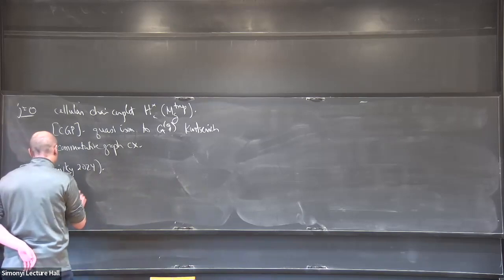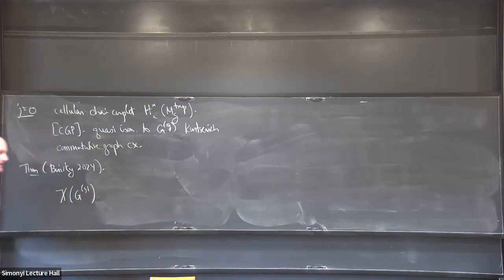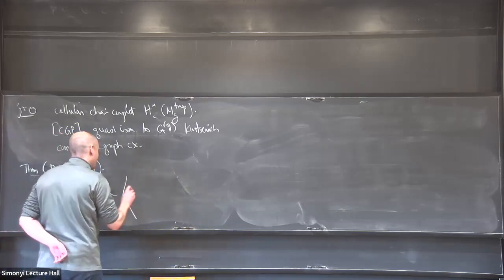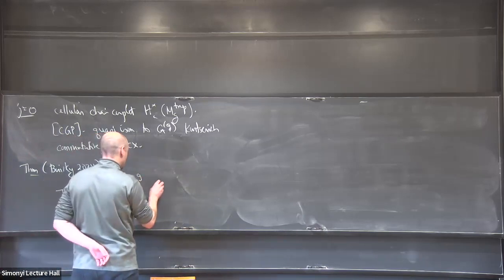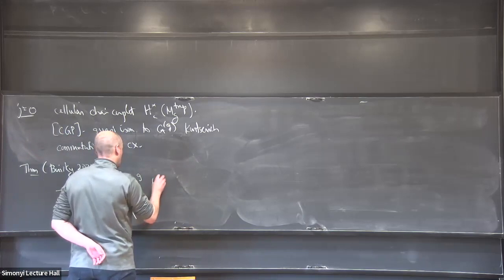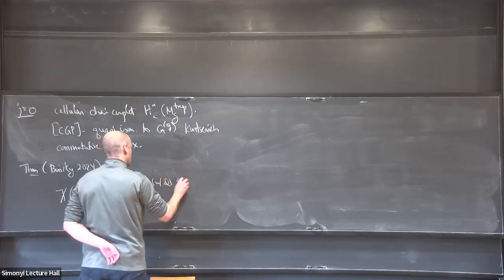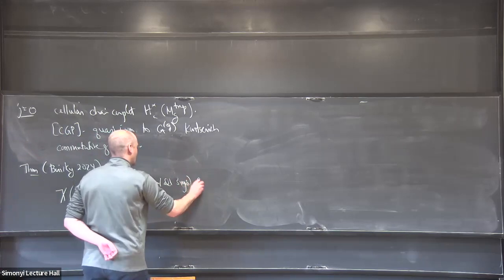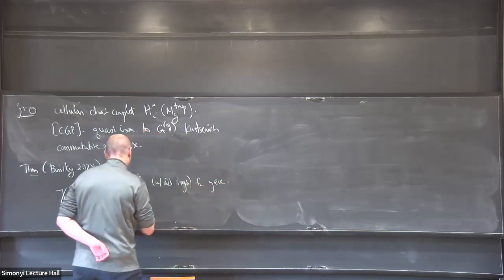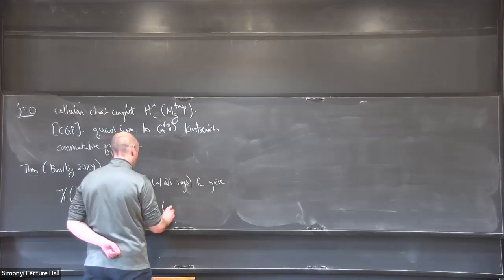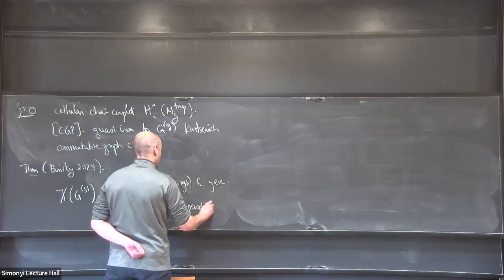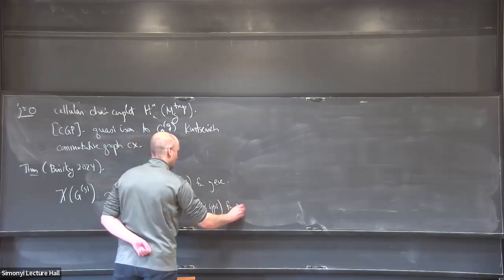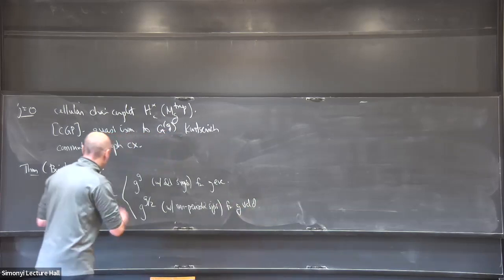So the Euler characteristic of the 0th row of this spectral sequence has a rich asymptotic, so it grows roughly like g to the g, with alternating signs for g even, and it grows like g to the g over 2 with non-periodic signs for g odd.